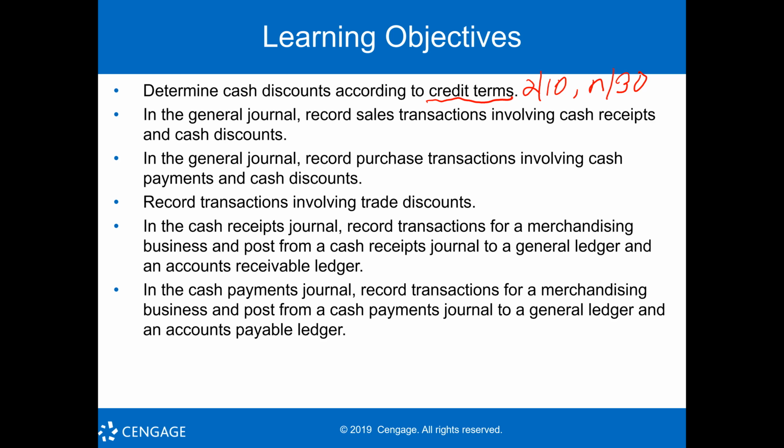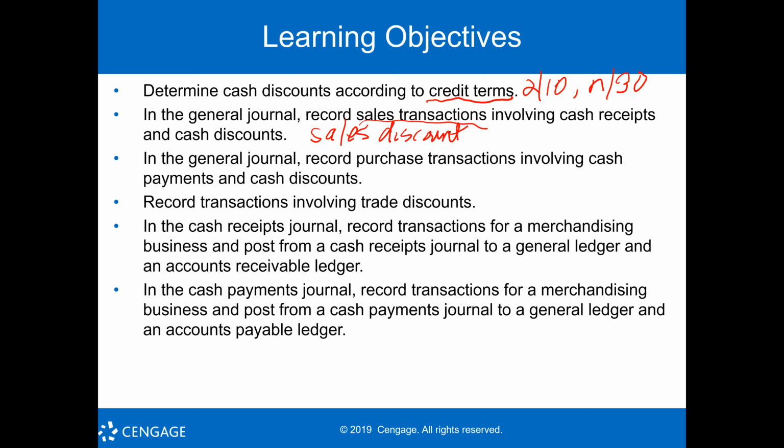In the general journal, record purchase transactions involving cash payments and cash discounts. As we're going to see, when we are looking at sales transactions, we call it sales discount, right?